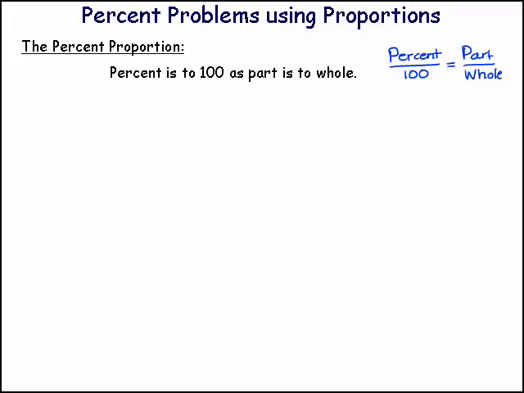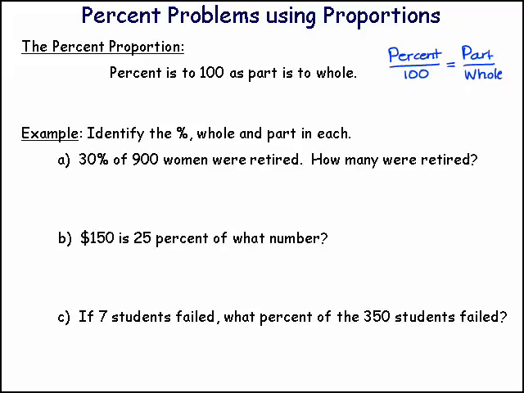Okay? So let's go into examples to explain what this means. Identify the percent, the whole, and part in each. So we've got a percent, a whole, and a part. Let's read our problem here.